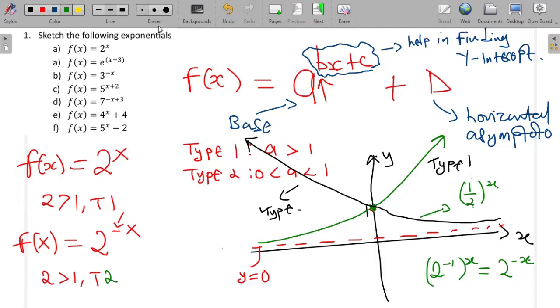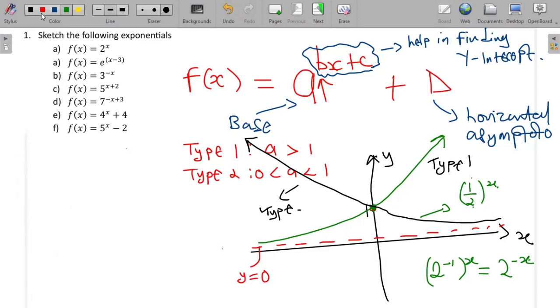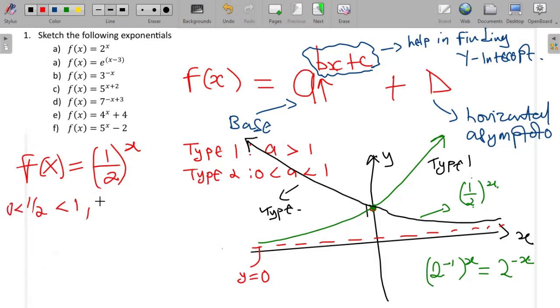If it was a type 2, for example, if my f of x was 1 over 2 to the power x, this base is less than 1 but greater than 0, so it's going to be a type 2, meaning it starts from here and goes like that. Once I introduce a negative in the power, minus x, this changes to a type 1.